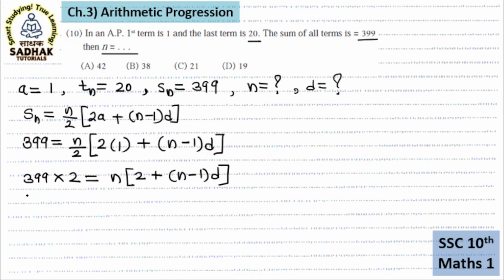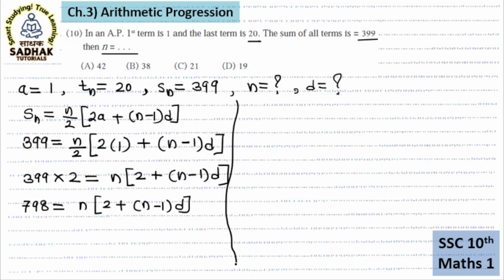Okay. So that will give us now 399 multiplied by 2 will give us 798. Okay, that will be n bracket 2 plus n minus 1 d. Okay, so this is what we have got. We cannot solve this further.